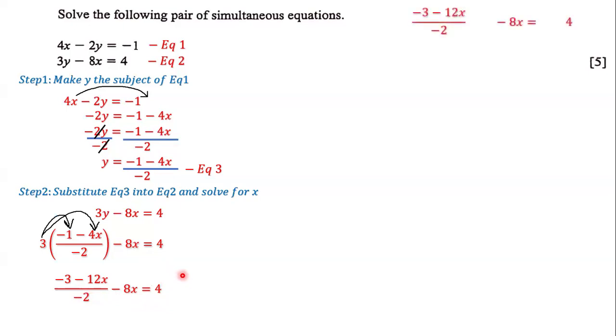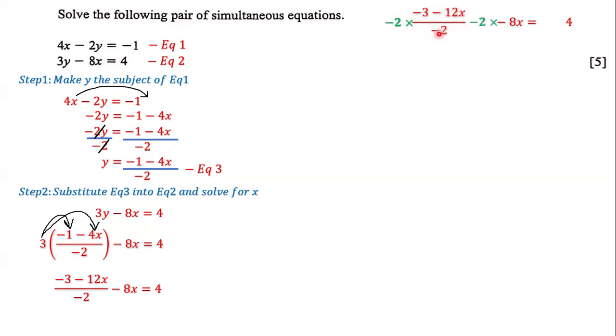So how are we going to get rid of this denominator, this -2? One thing we can do is multiply each term of this equation by -2. The reason we're doing this is because we want to eliminate this denominator.